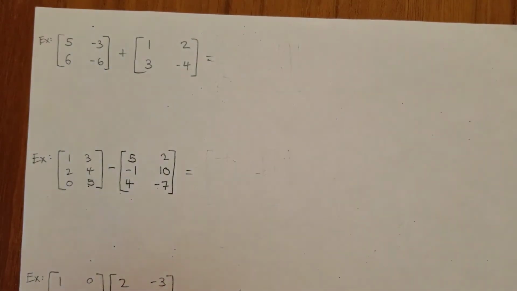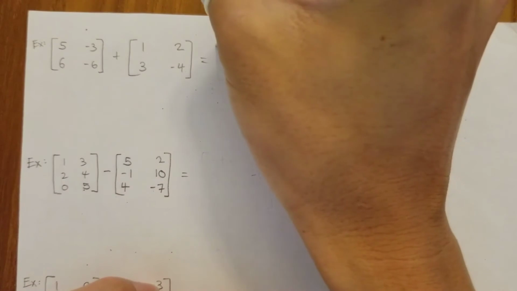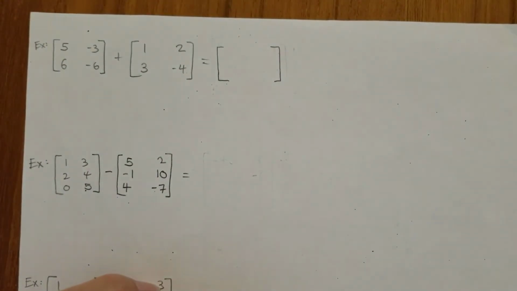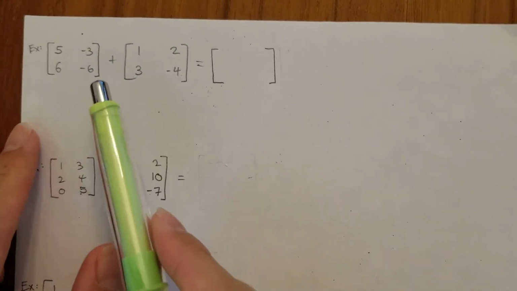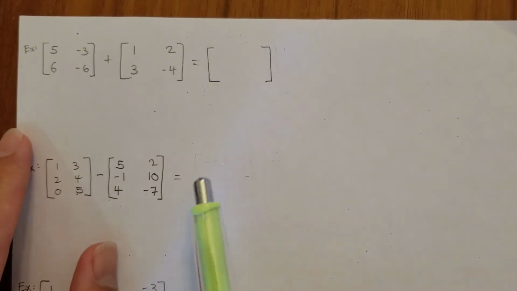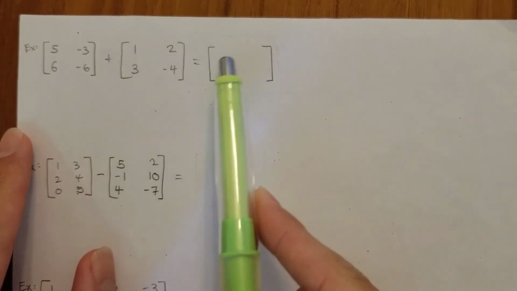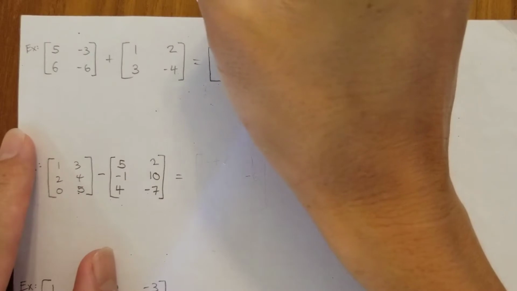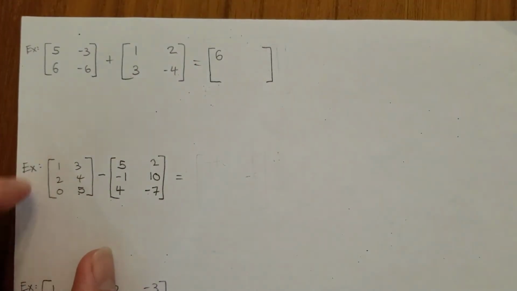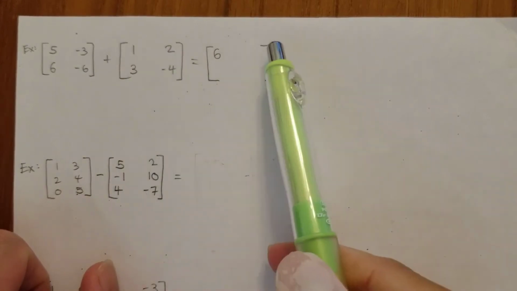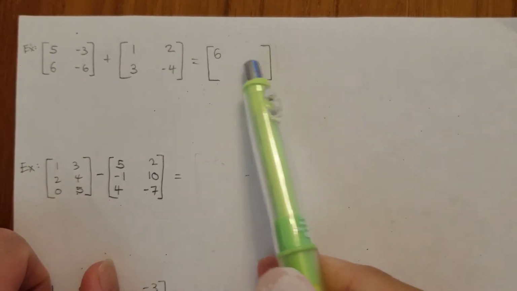But anyway, here we go. Right, so let's say we want to add these matrices. You just look at the corresponding elements, and that's basically how you do it. So 5 plus 1 is going to be 6. Okay? Negative 3 plus 2, this goes into the top right hand corner here.